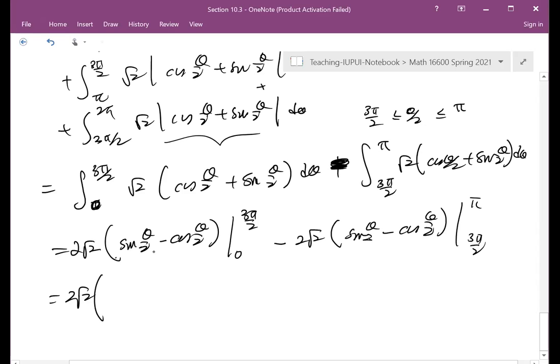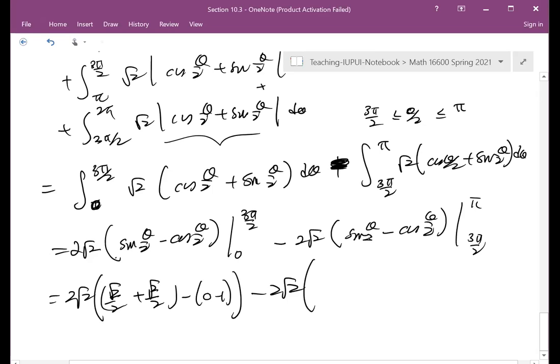Sine 3 pi over 4 is positive, right? Sine 3 pi over 4 is going to be square root 2 over 2. And the cosine 3 pi over 4 will be negative square root 2 over 2, so it's positive square root 2 over 2. Then you minus 0 minus negative 1. Okay, that's the first part.